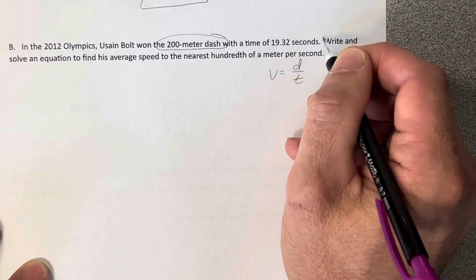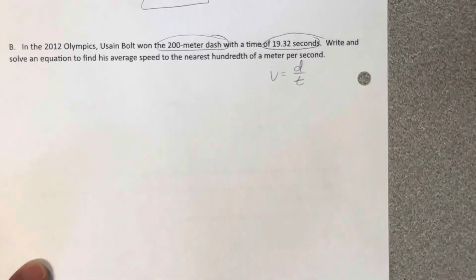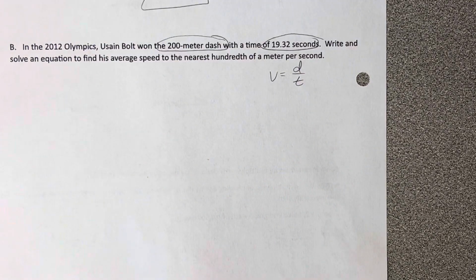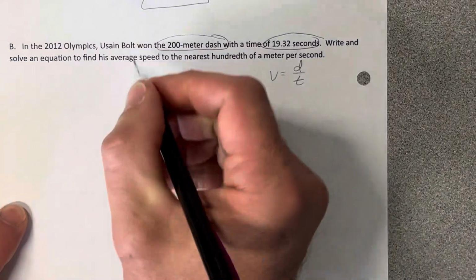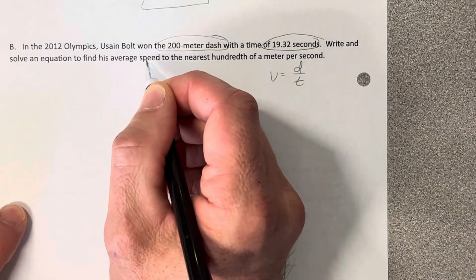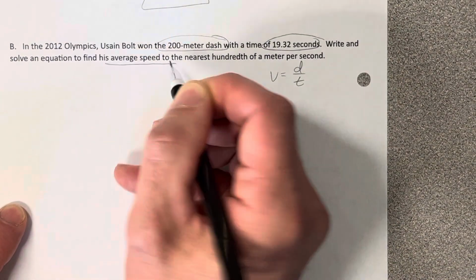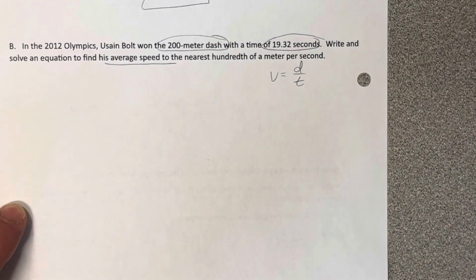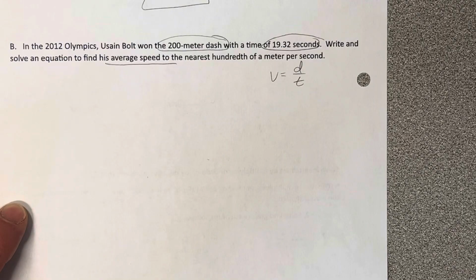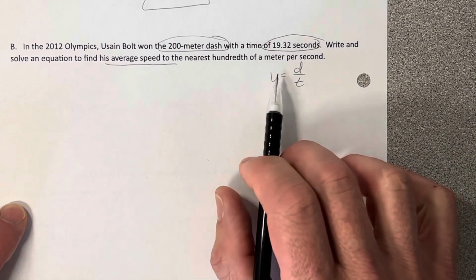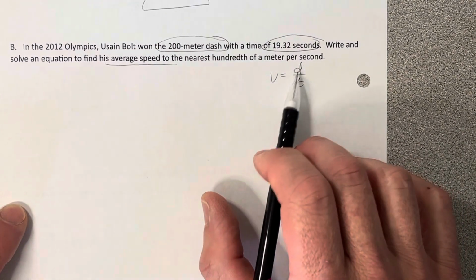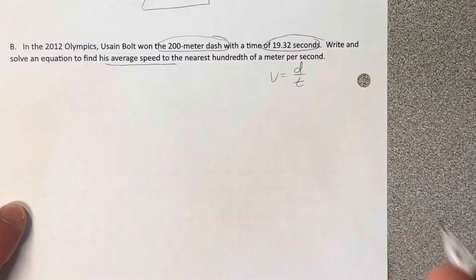I know the time, and it says we're trying to find his average speed or velocity. So speed or velocity is what we're trying to find. Well, I think I'm ready to write an equation here because I know that velocity, or speed, is equal to distance over time. I'm ready to fill in what I know.